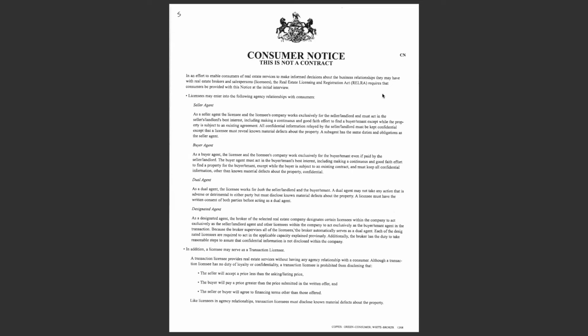A transactional licensee is a licensee in the state of Pennsylvania who is representing no one. All they're doing is shuffling paper. Now, with that said, it is customary and often that form of representation may be used when family sells to family. They just need somebody who knows how to handle the paperwork.